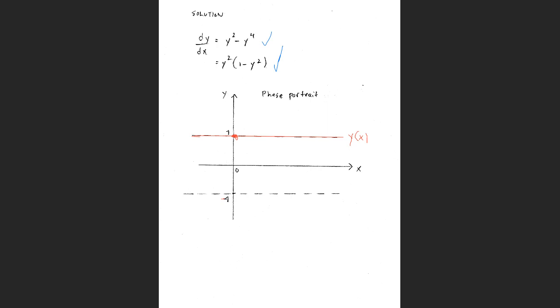And similarly, 0, negative 1, you're going to have another flat solution. Those are called equilibrium solutions, by the way. Solutions where the derivative equals 0 are equilibrium solutions. So I have two potential solutions, and I haven't solved the differential equation. I'm just looking at the differential equation.